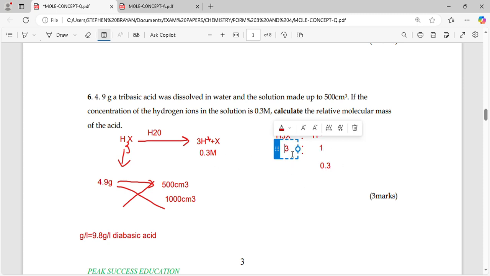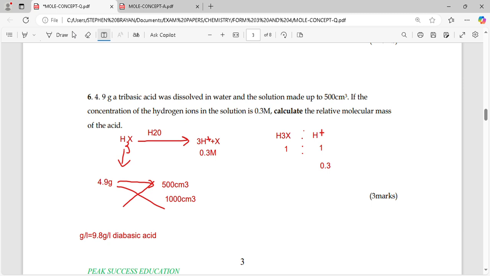Let me change this. This is ratio 1 to ratio 3.